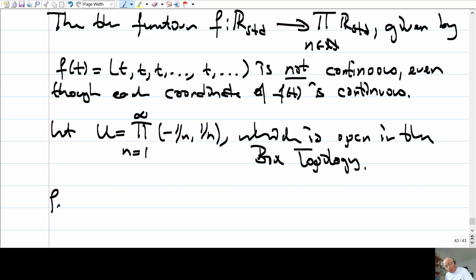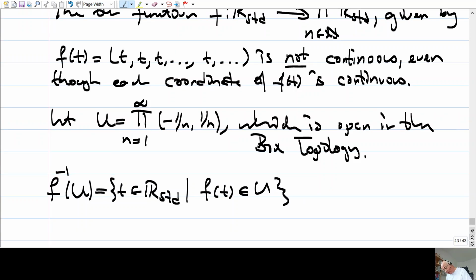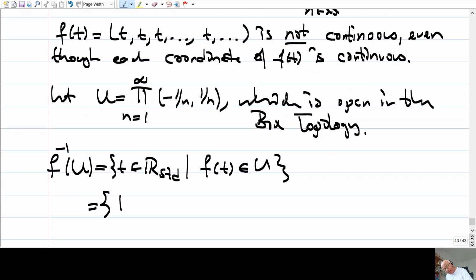What about its inverse image? Well, this is the set of all real numbers t so that f of t is in U. But what is U? U is just the product. Let me write this more explicitly. What is f of t? F of t is this t, right? T, and this should be inside U. What is U?